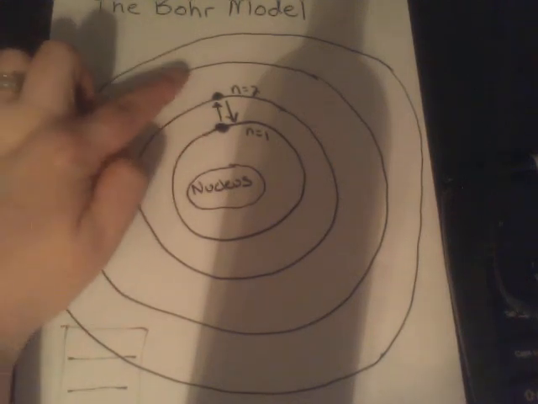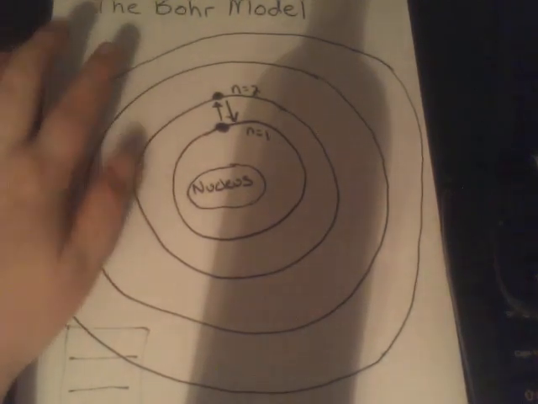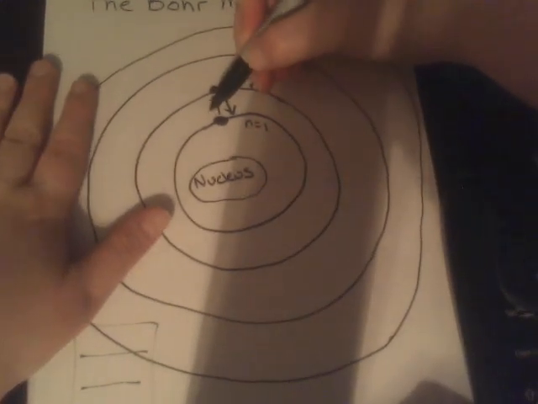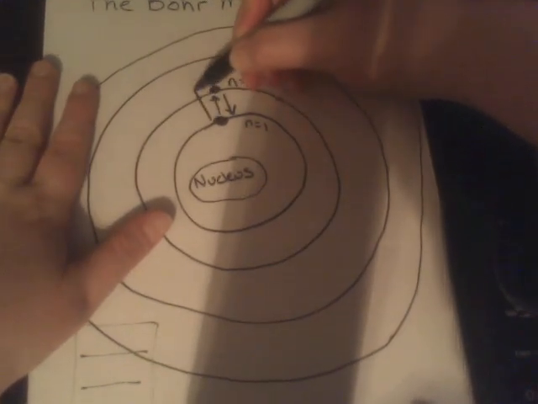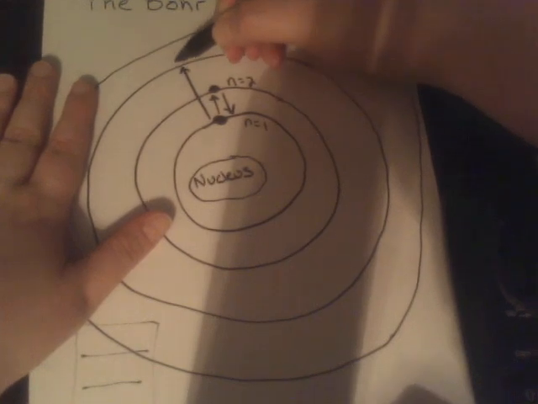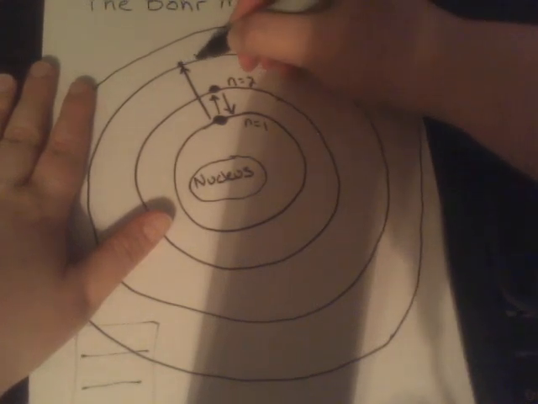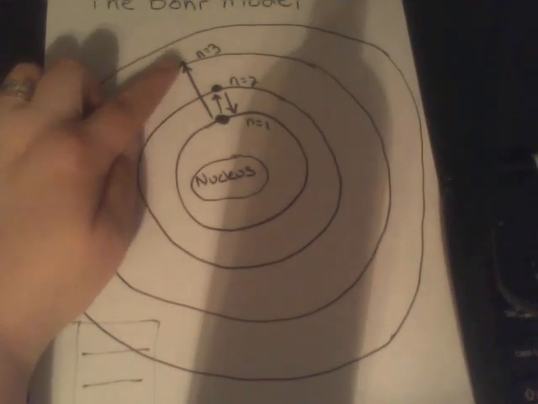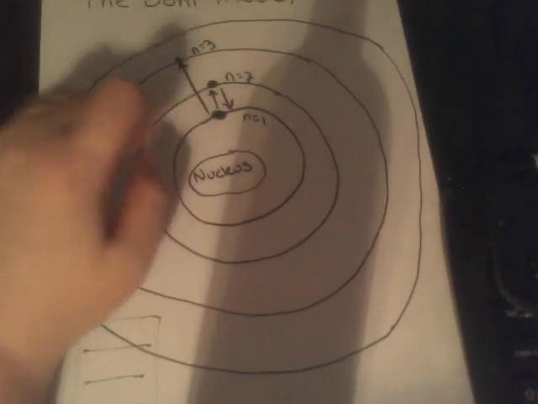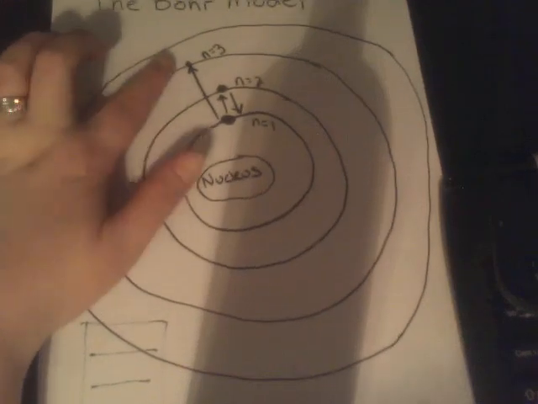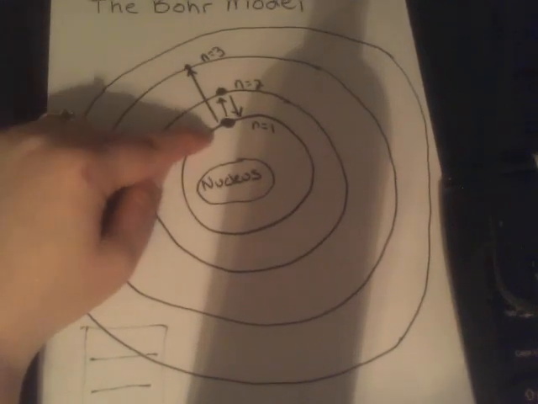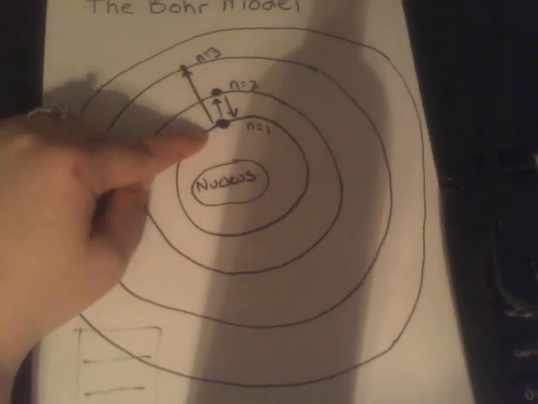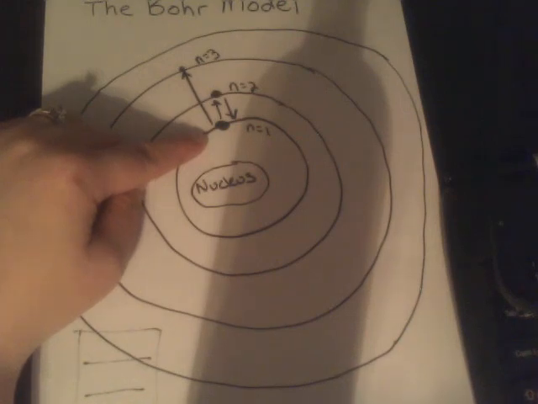So what about raising this electron? Can we raise it to the third energy level? Of course we can. This electron can actually get enough energy to raise to the third energy level. Of course, it's going to take more energy than this to raise it to the third energy level. But then it will relax and come back to the first energy level. Now here's the tricky part. It may relax all at once, or it may relax in stages.